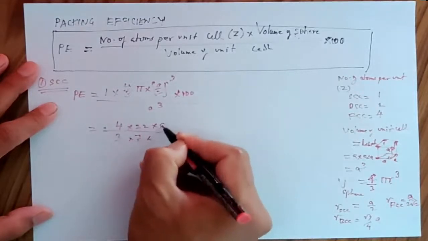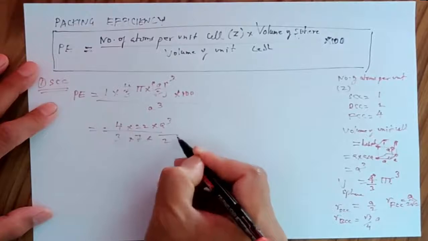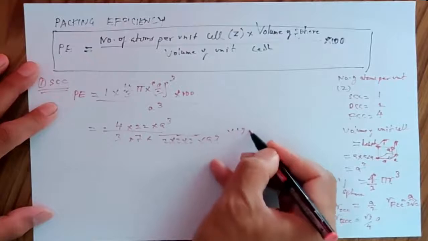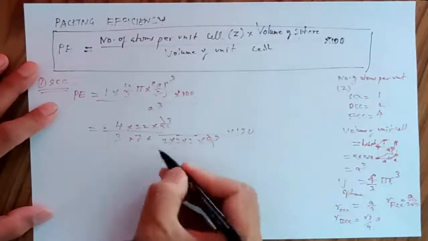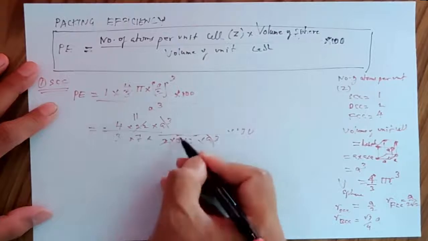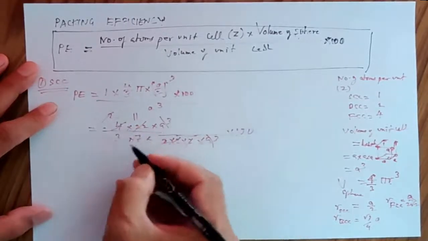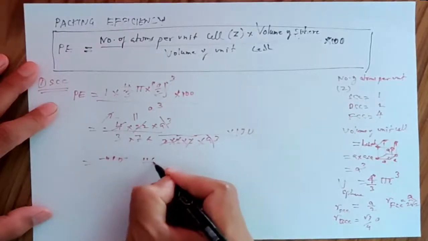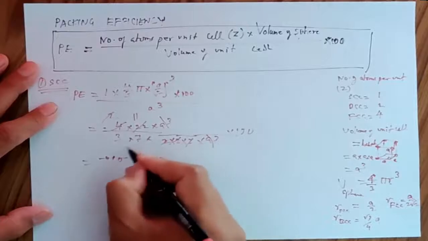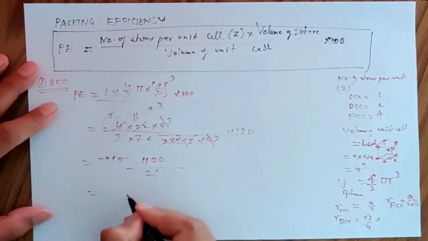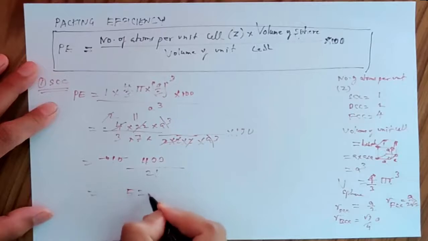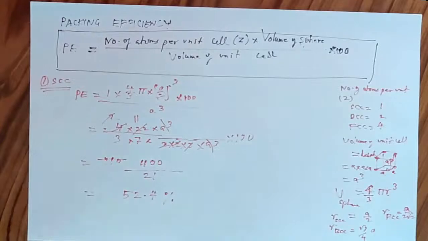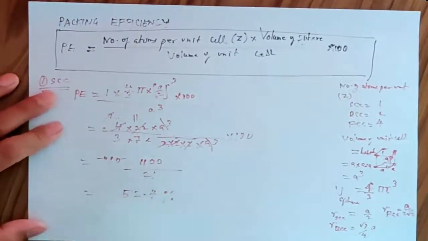A cube cancels, 2 to the power 3 is 8. 2 11 2 or 4 2. 11 into 100 is 1100. 1100 divided by 21, you will get 52.4%. So packing efficiency in simple cubic is 52%.